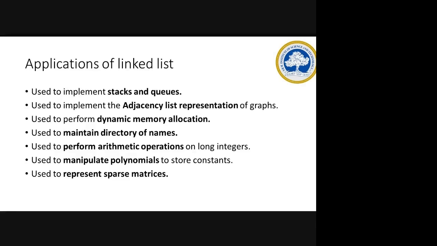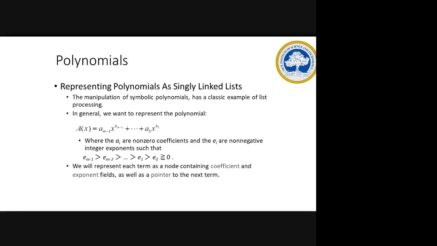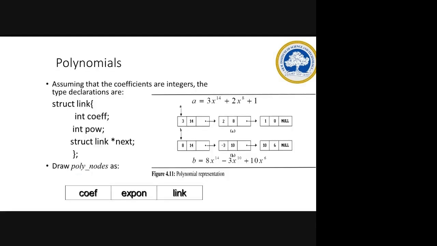Similarly, for using these polynomials, you know what a polynomial is. You need a coefficient and the power. That is the most important thing in polynomial. You can see it over here, an example: A is equal to 3x power 14 plus 2x power 8 plus 1.